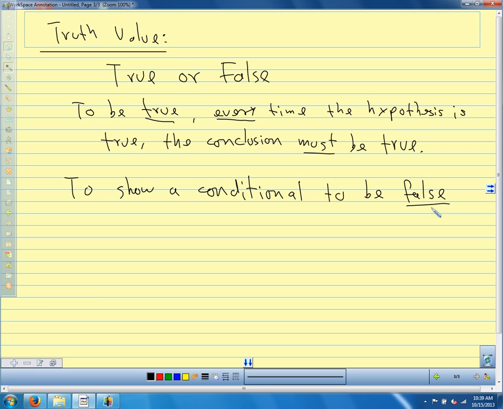That is the technical definition. What have we done to show that something is false? Something's not true. What did we find on our opener? What was the point of doing our opener? We found a counterexample. To show that a conditional is false, we find a counterexample.